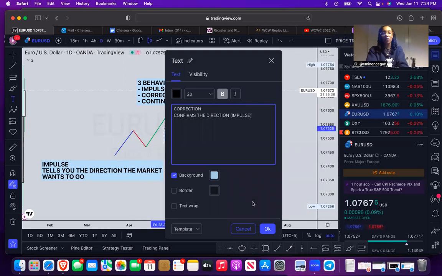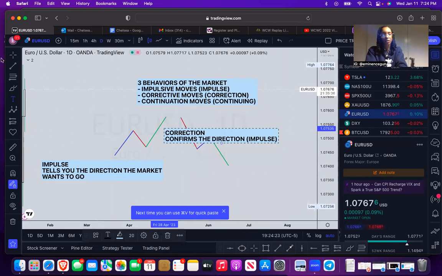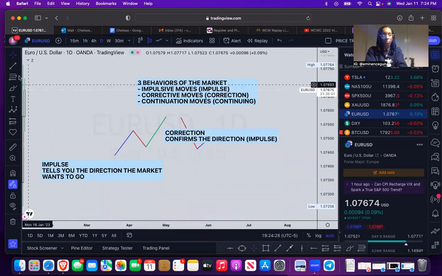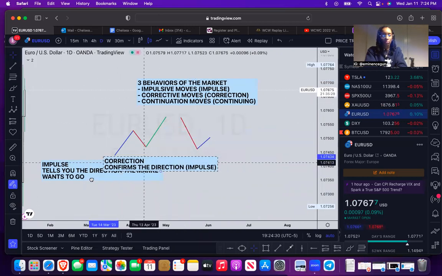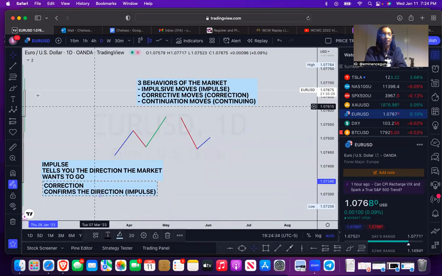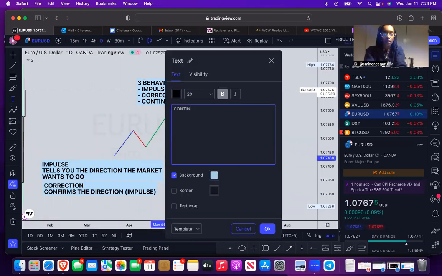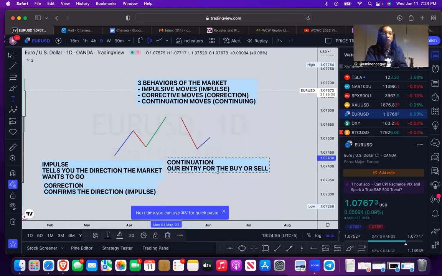By correcting and going the other way, it's trying to give confirmation. And then lastly, the continuation. The continuation is usually our entry for the buy or sell. We usually enter on continuation.